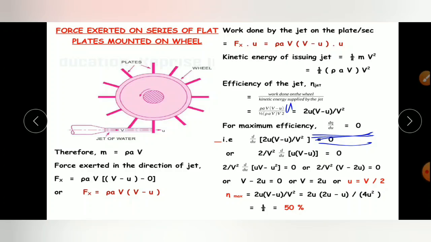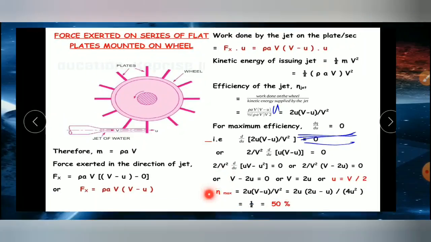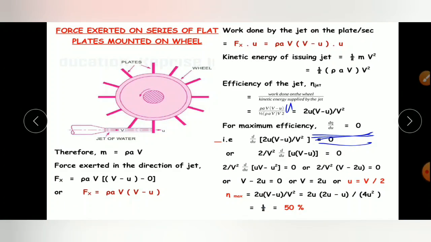This means when the velocity of the blade is equal to half of the velocity of the jet, then the maximum efficiency will be obtained. Therefore, maximum efficiency equals, here in the efficiency, if we replace V as 2U, the condition is V is 2U or U equals V by 2.